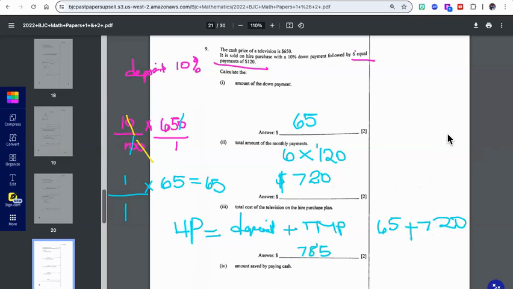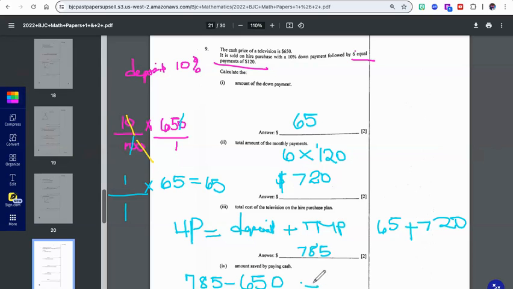And then the last question. Amount saved by paying cash. That would be the hire purchase, subtract the cash price, which was $650.